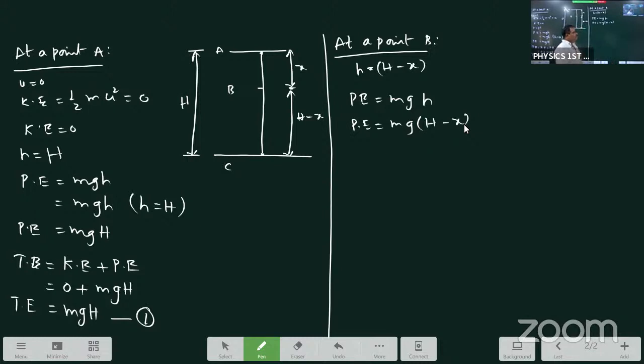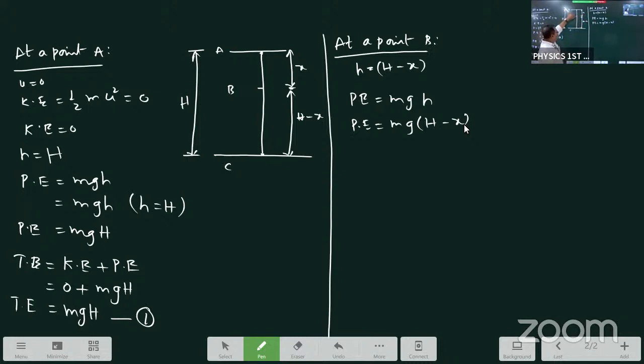I repeat. Now I want to find the total energy at point B. At point B, we have to find kinetic energy and potential energy. The body traveled from A to B, a displacement of x. Now the body is at B, so how much height is it from the ground?